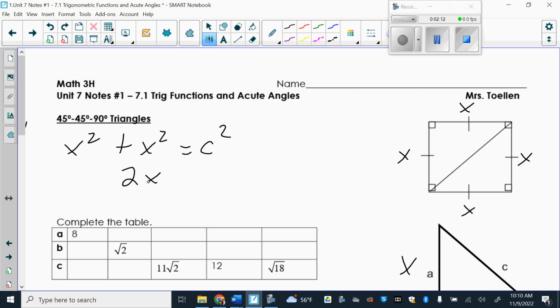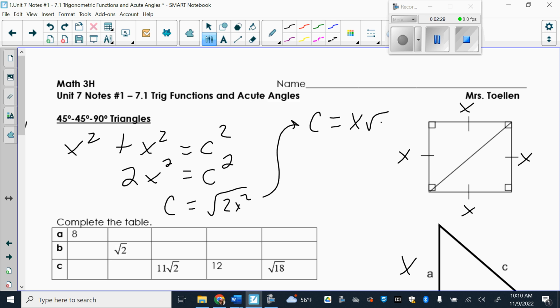Combine our like terms. Keep in mind we're solving for c. Take the square root of both sides. And when we simplify, we get x square root 2.